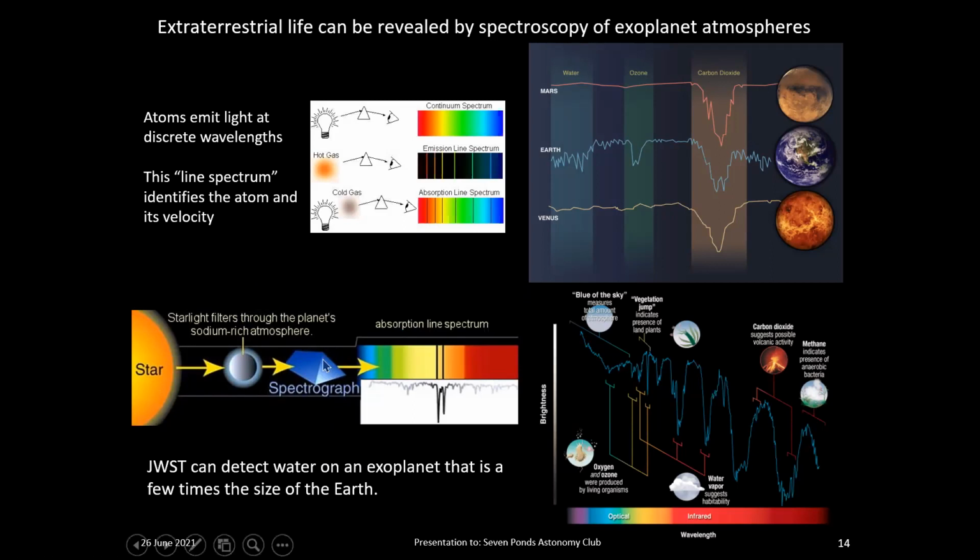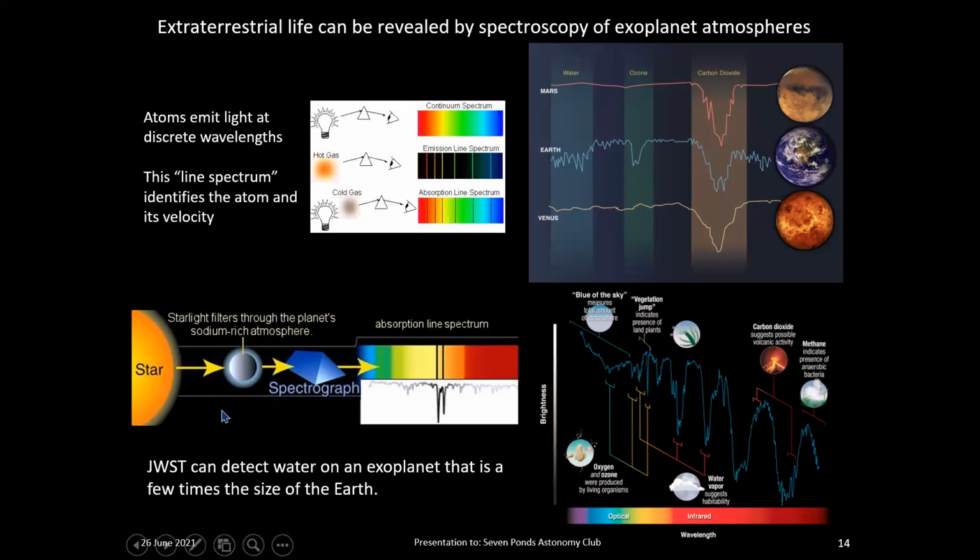So when we point our telescope at the star, and a planet wanders into our line of sight between our spectrometer and the star, we take a spectrum. And so what are we getting? We're getting a spectrum of the star plus the spectrum of the planet. Now we just wait a little while for the planet to move out of the way, and we get a spectrum of the star by itself. We subtract the two, and we are left with the spectrum of the planet's atmosphere.